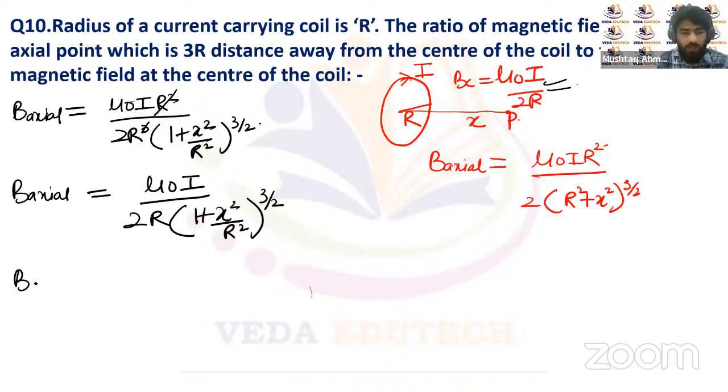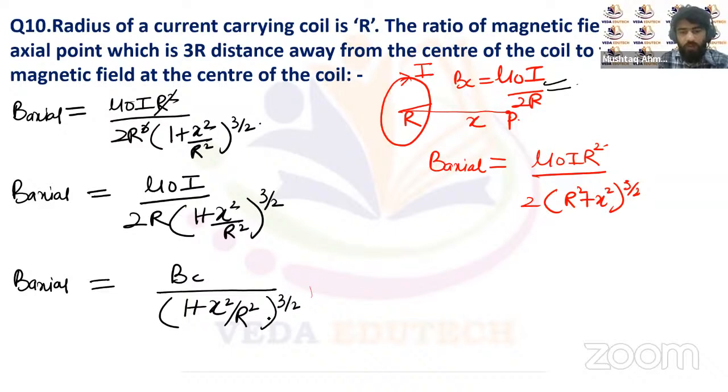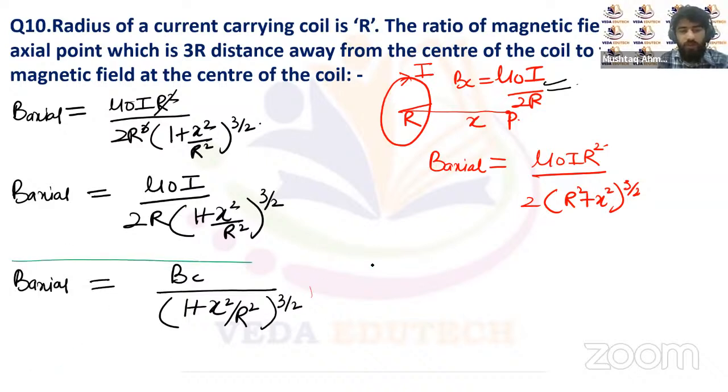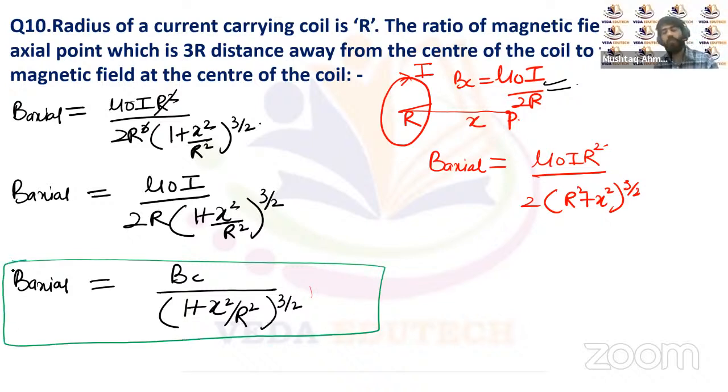So B axial will be B center upon 1 plus x square upon r square whole power 3 by 2. So this is the net magnetic field at the axial point, in terms of the magnetic field at the center.